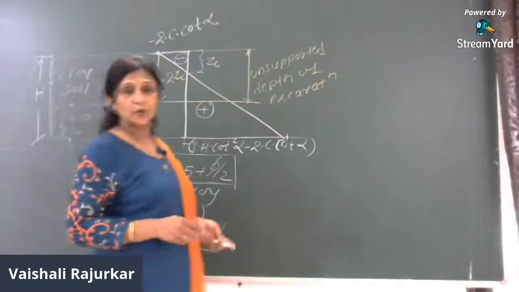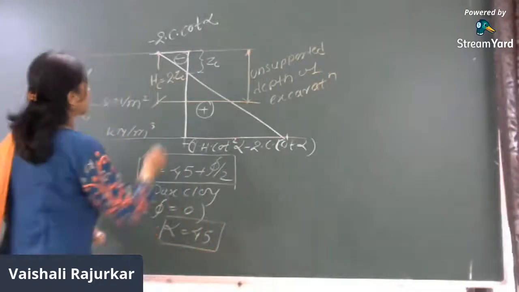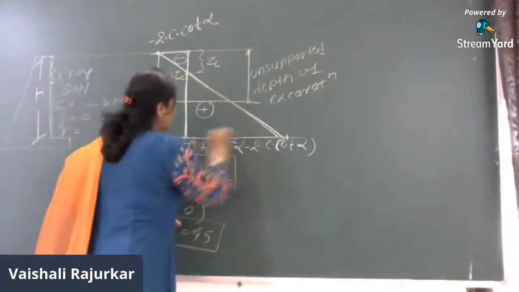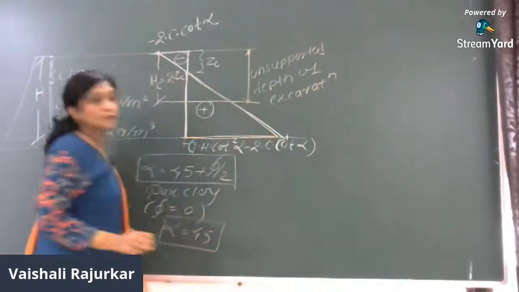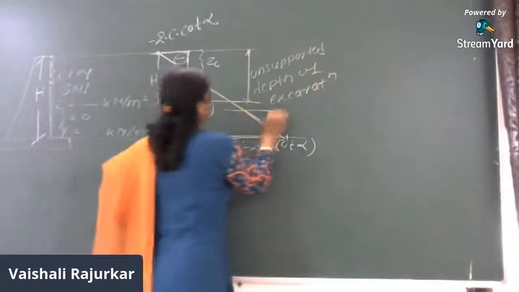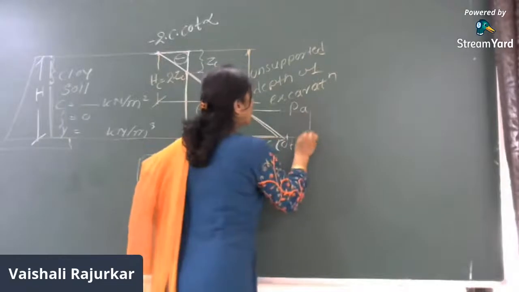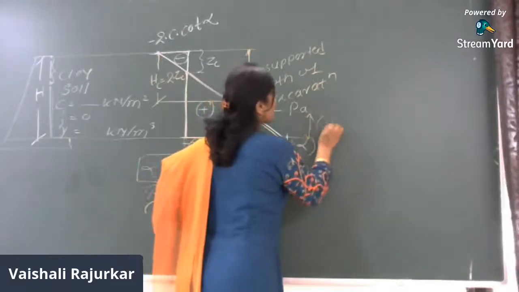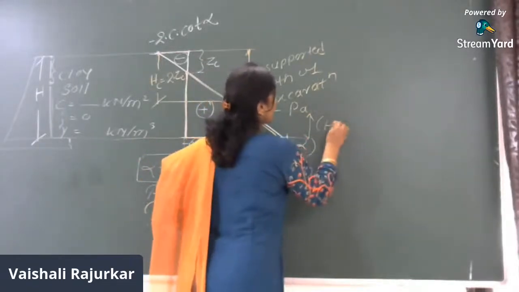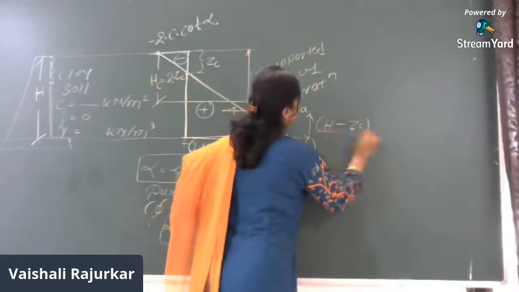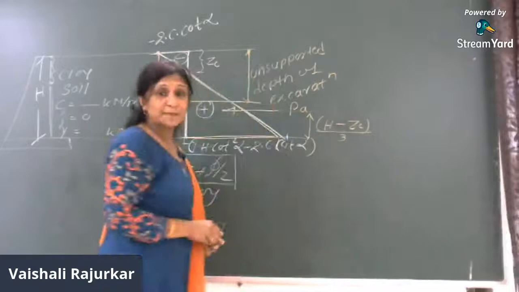Which pressure is acting over the wall? That pressure acting over the wall is the area of the positive pressure distribution diagram, which is acting at the distance H minus ZC divided by 3.